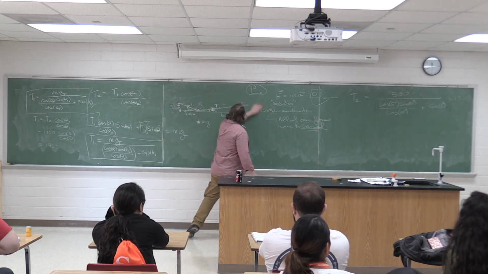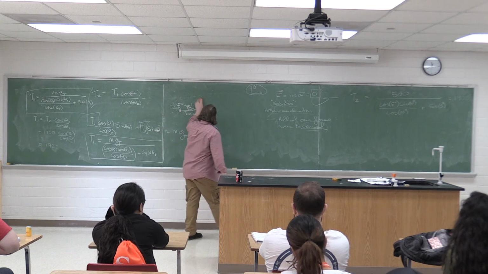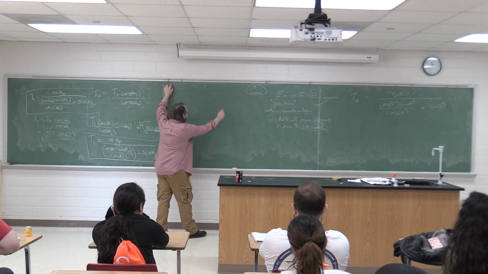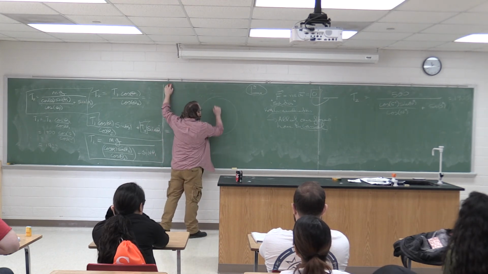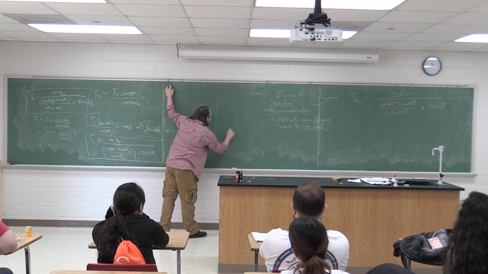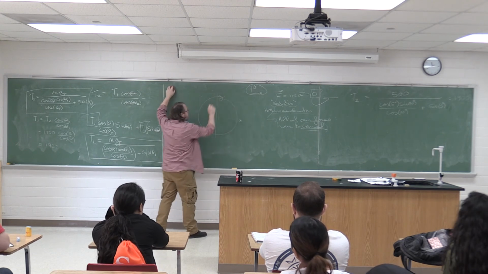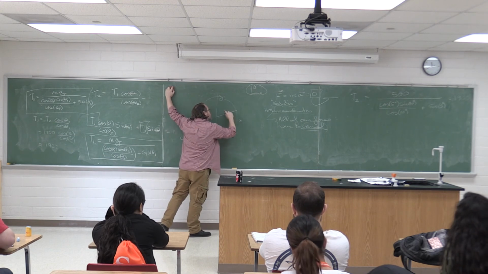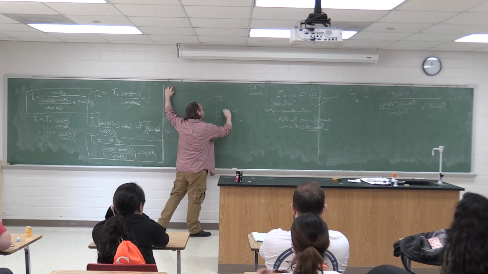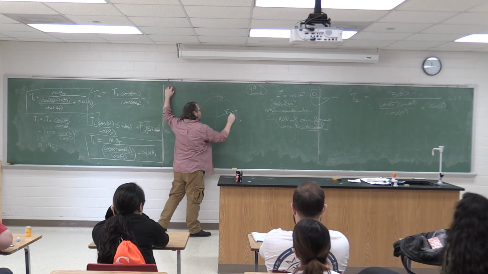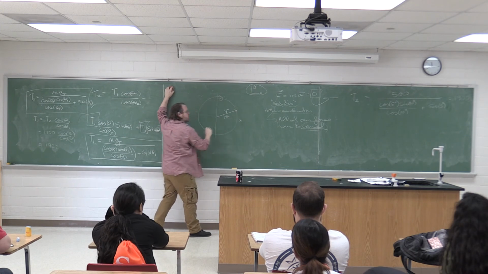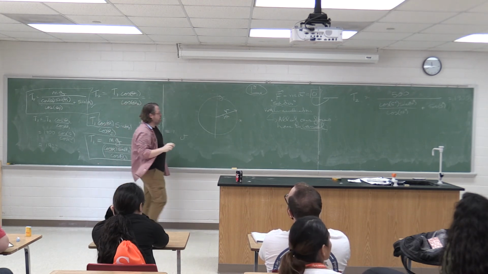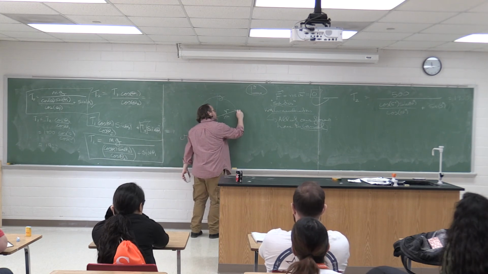So, let's draw a picture here. Have a circle. Break it into X and Y. Have some radius here for the circle. We have some angle, and we have some little distance along there.